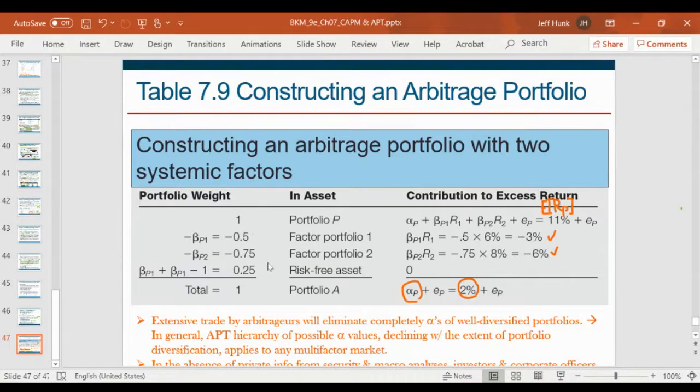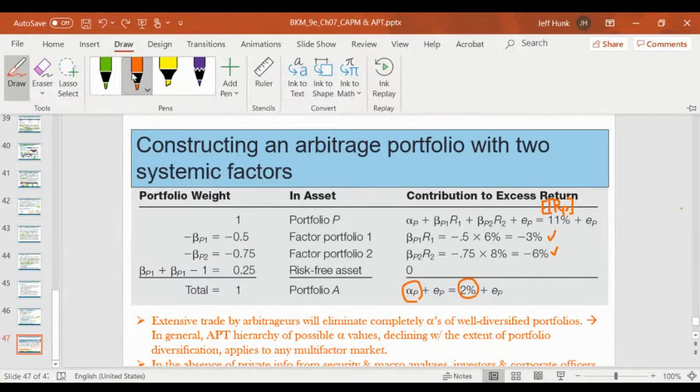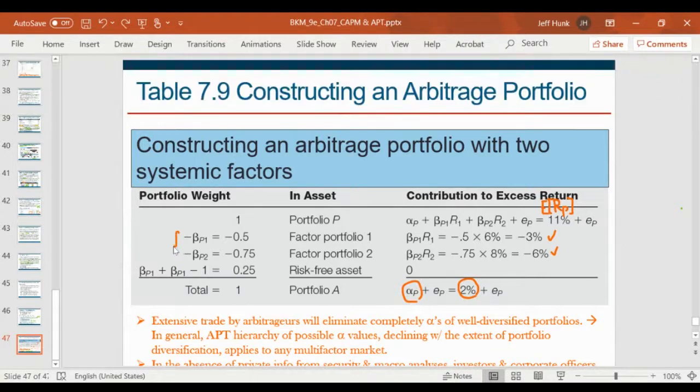And that's negative 0.125, negative 1.25.